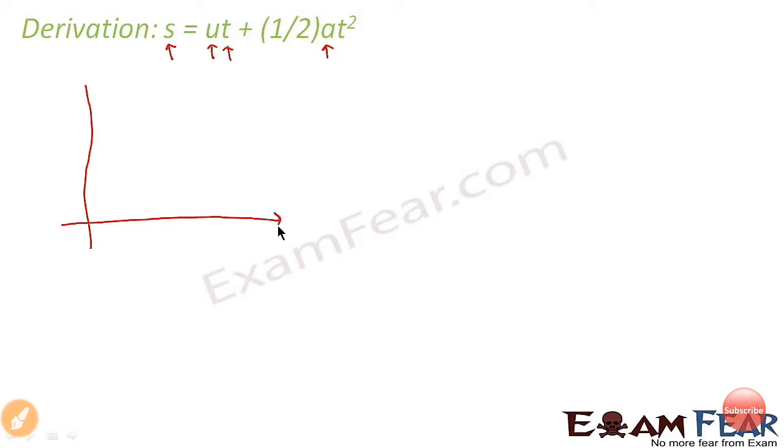As I already told you, in a velocity-time graph, the area under the curve is displacement. We also know that these three equations are applicable for uniformly accelerated motion. If it is uniformly accelerated motion, it can be represented by a straight line, and the area under this line would be equal to displacement.